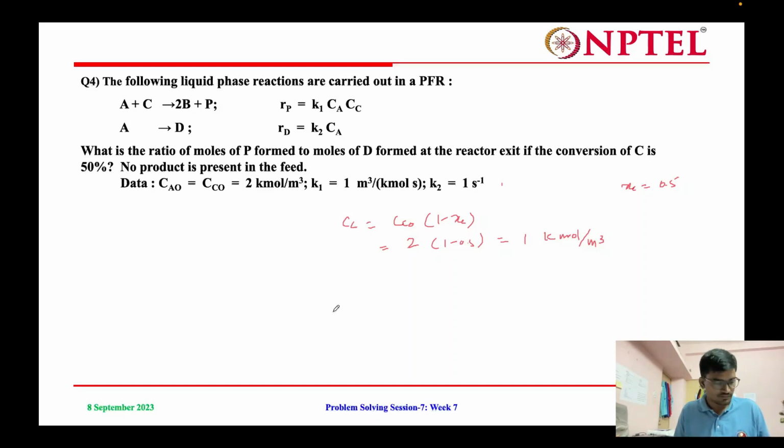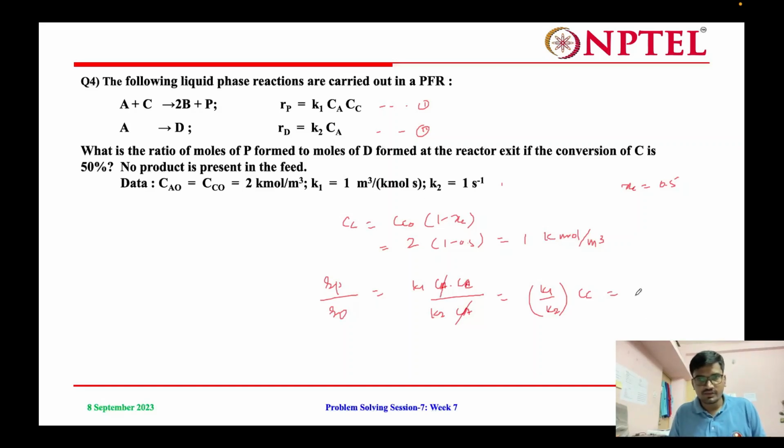Now, it's equation 1, equation 2. Now I divide equation 1 by equation 2. So R_P by R_D equals K1 C_A C_C over K2 C_A, right. So that equals K1 by K2 times C_C.